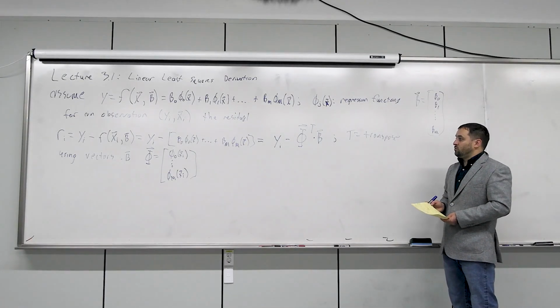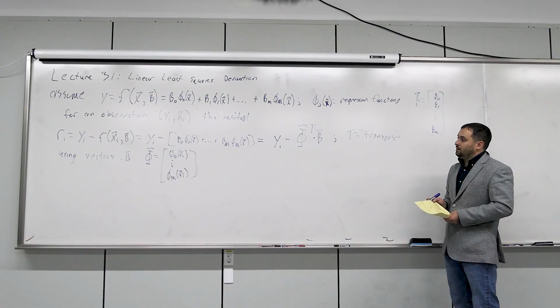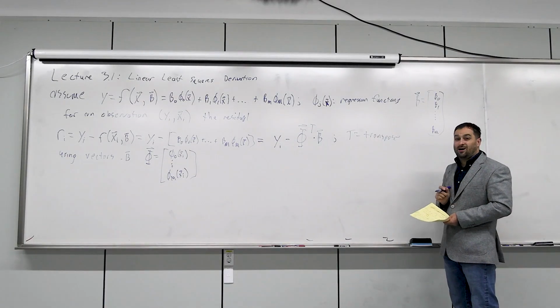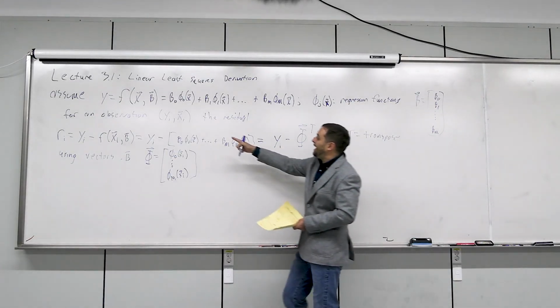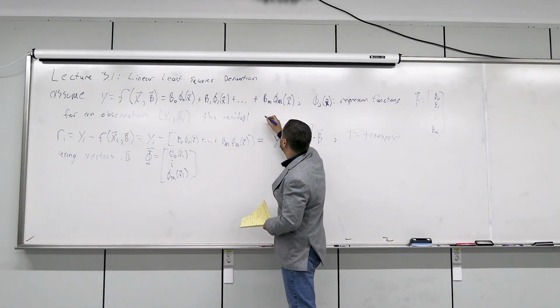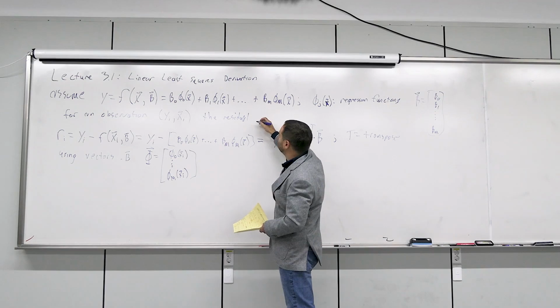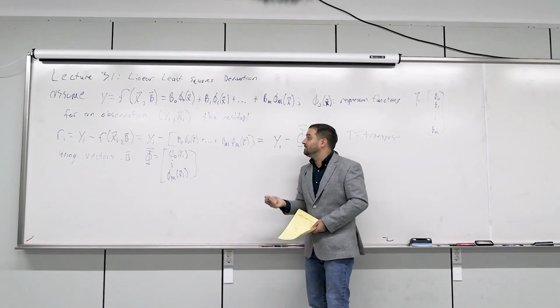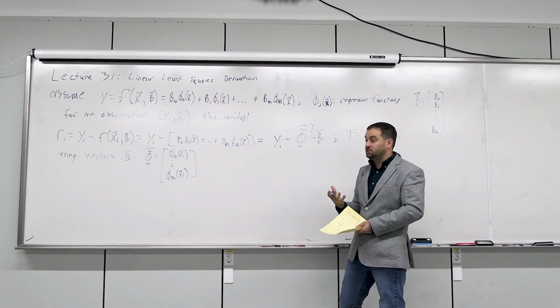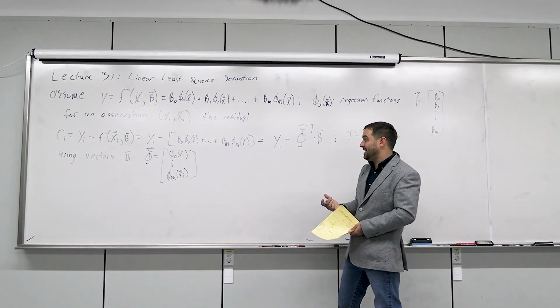This is the definition of our residuals. And remember, for our data points, i goes from 1 all the way to n, the number of observations, or the number of data points in our data set.